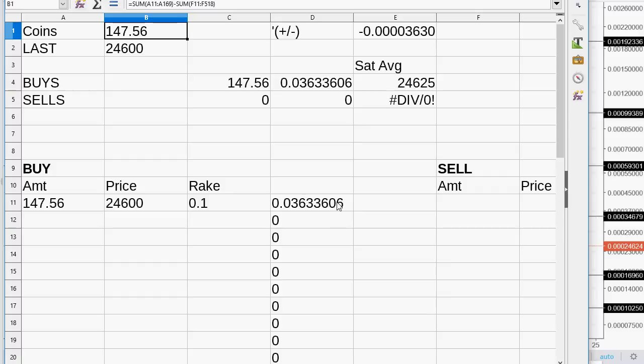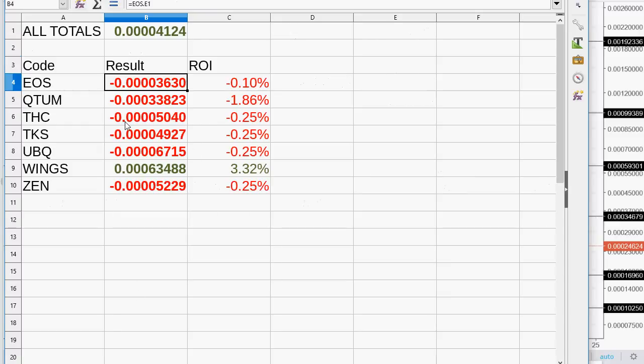So that will calculate the plus minus on each one. And therefore the return on investment will be what it's up or down divided by that of your net buys. So I'll keep a running count of this.